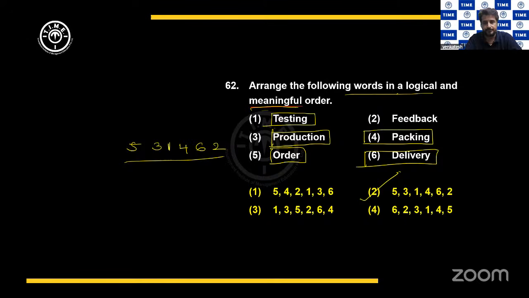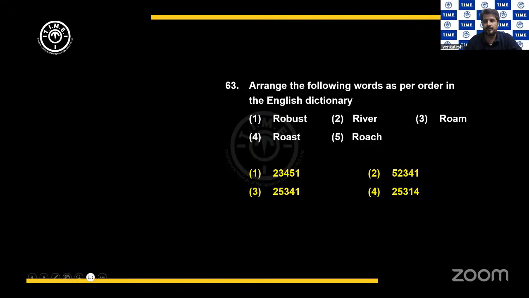Next one. Arrange the following words as per order in the English dictionary. So English dictionary order we have to find out. So first letters are same everywhere. Now second letters O, I, O, O. So I is the first one to come. So 2 is the first one to come. So option 2 is ruled out. Next. So second letters are identified.